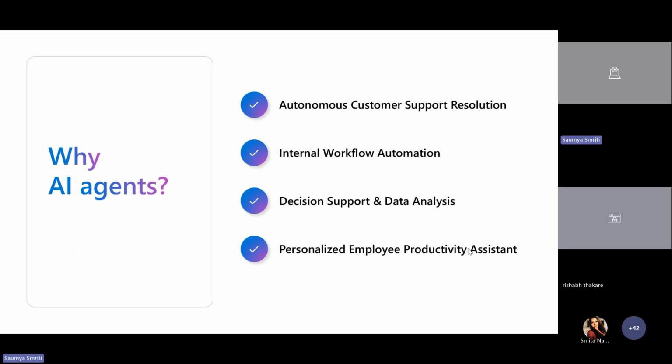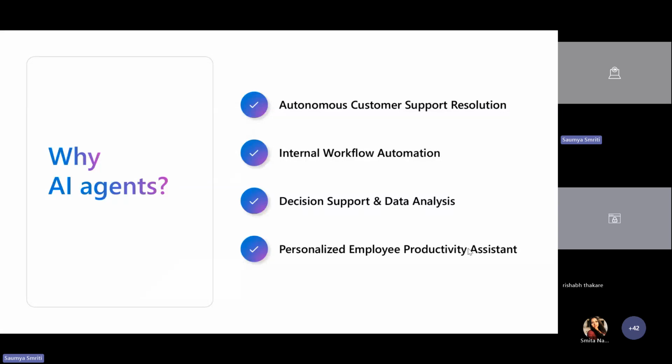I work with a couple of clients across multiple organizations, and the personalized employee productivity assistant is one of the most used agents that we create for these organizations. It is embedded in your current day-to-day tools, and a lot of you might be working in them right now.